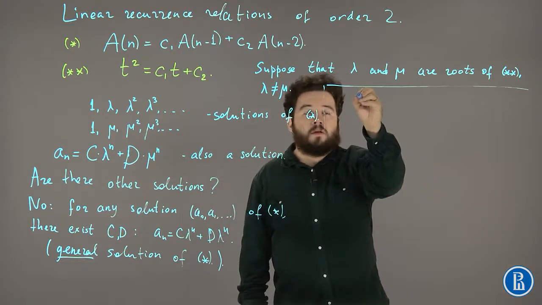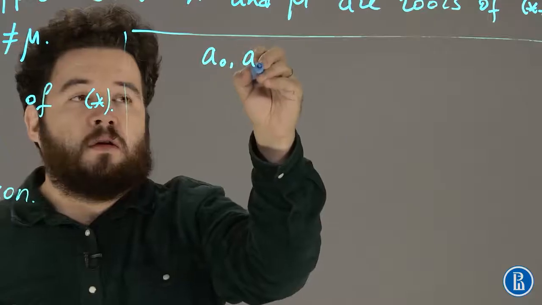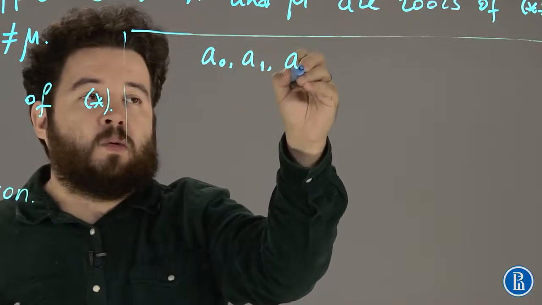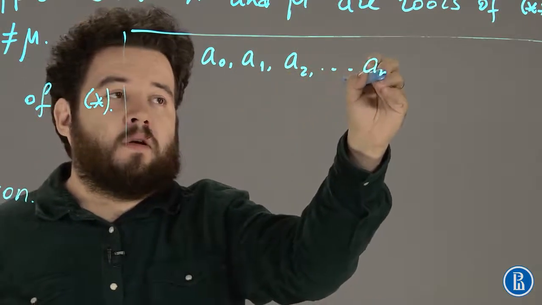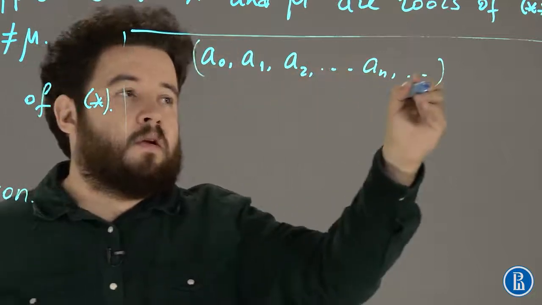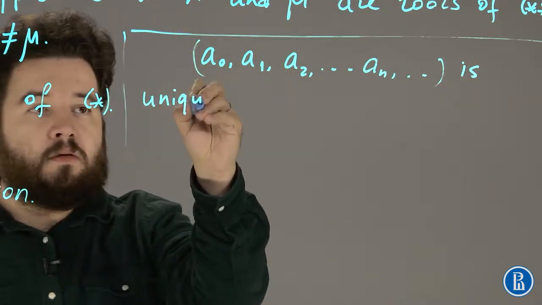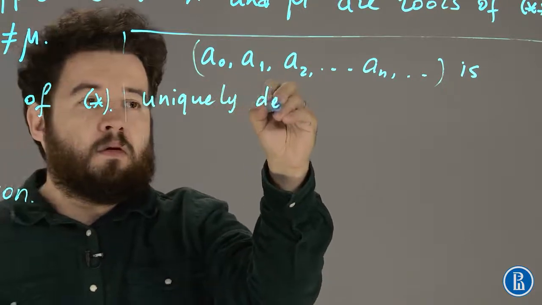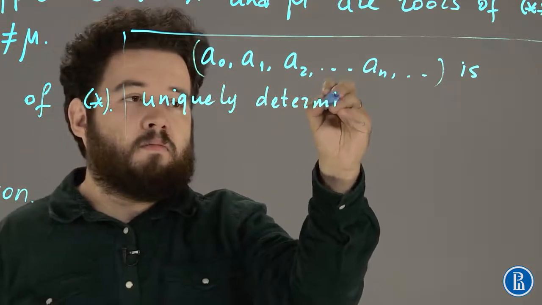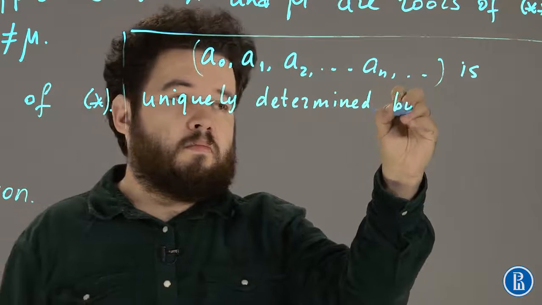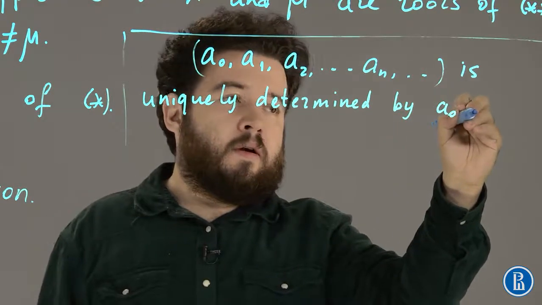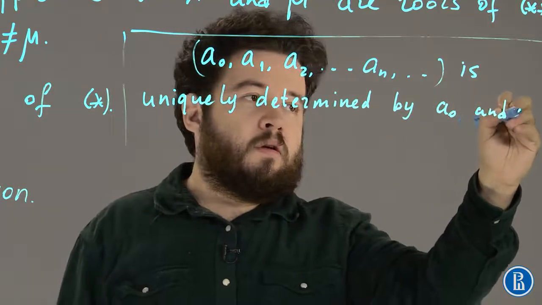So the sequence a0, a1, etc., a(n) is uniquely determined by a0 and a1.